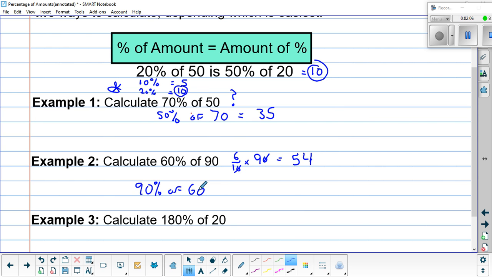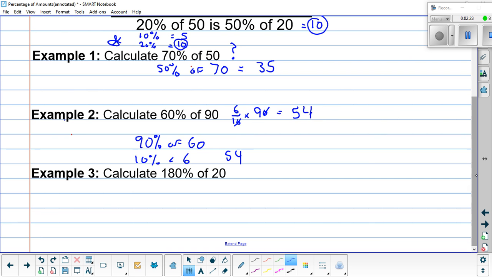Well, 100% is 60. 10% equals 6, so 54. So it just depends. There's lots of different ways, right? It all depends what your methods are of finding percentages of amounts as well. What your preference is, right? Do you do addition or do you do subtraction?